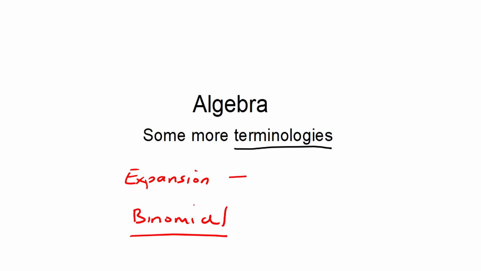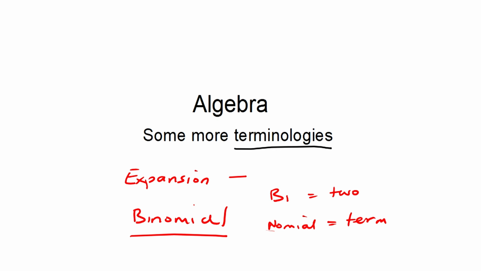Binomial, as we would expect, is from a Latin origin. Bi means two. Nomial means term.